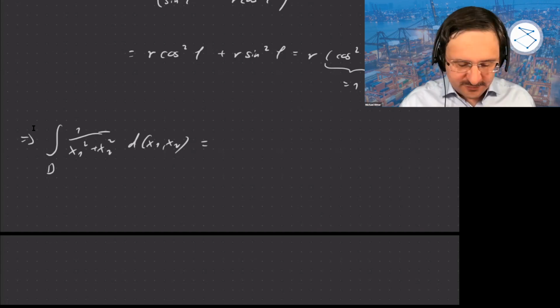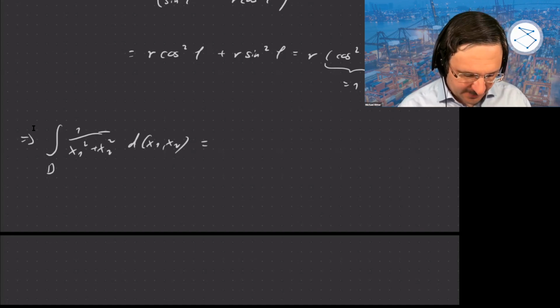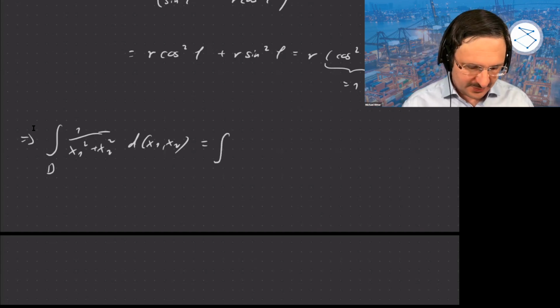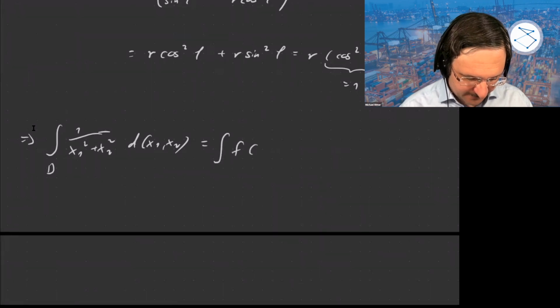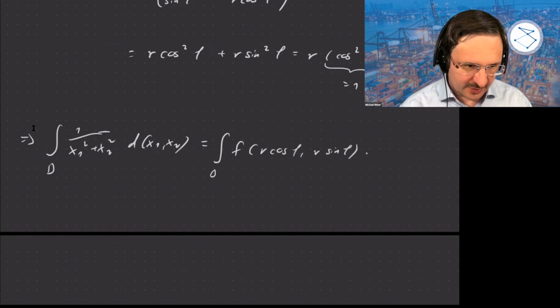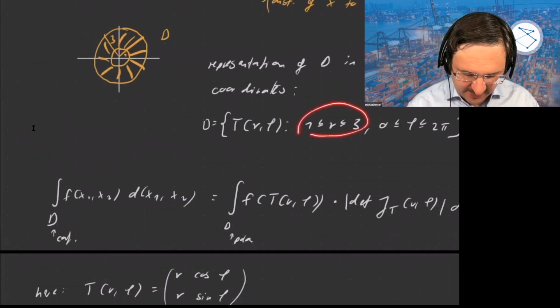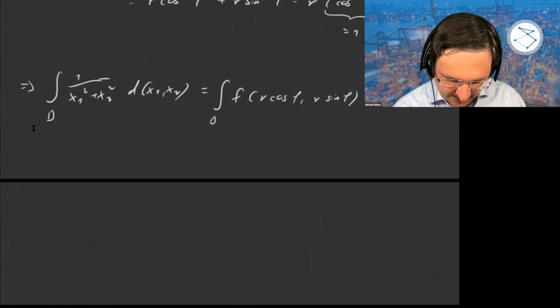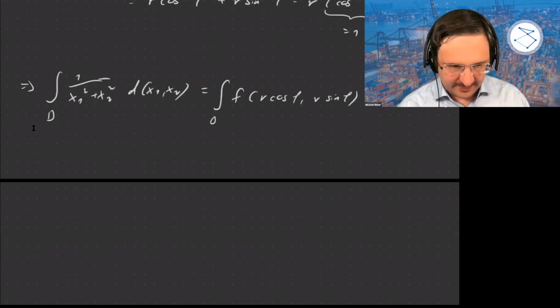Now, by the change of variables formula, that's the same thing as integrating over the polar description here of f of r cosine phi and r sine phi times r. Now, remember the radius in this case is between 1 and 3, so that's positive anyway. We don't need the absolute value. And then we integrate this dr dphi.